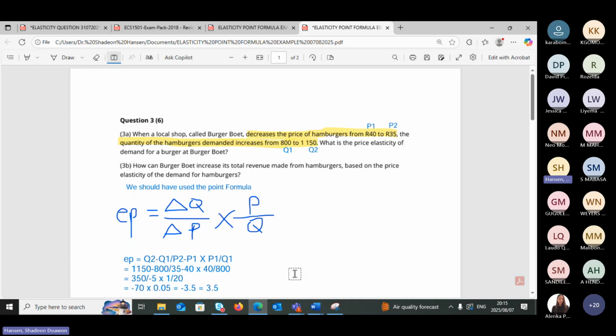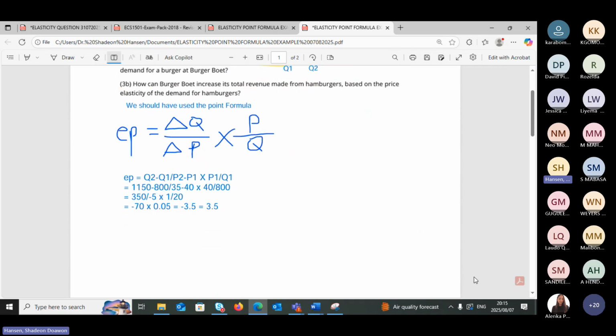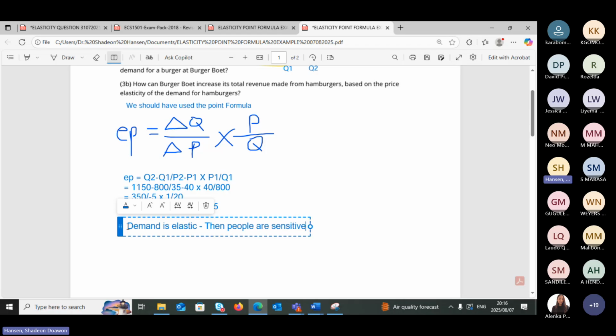And of course, you can see it is 3.5, which is greater than 1 but less than infinity. So the demand in this case is elastic. And of course, as we mentioned last week, students, if your demand is elastic, then people are sensitive to price. If your customers are sensitive to the price, what can you advise any business to do with their price in order to increase their total revenue?